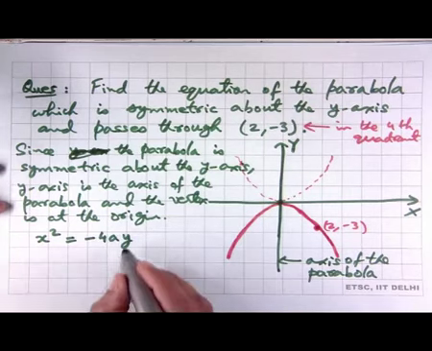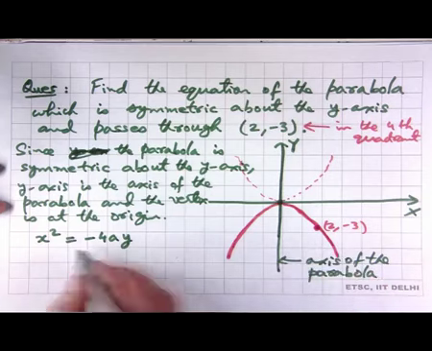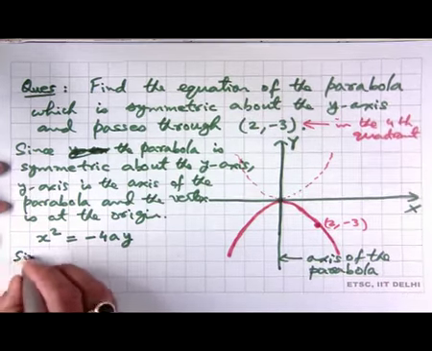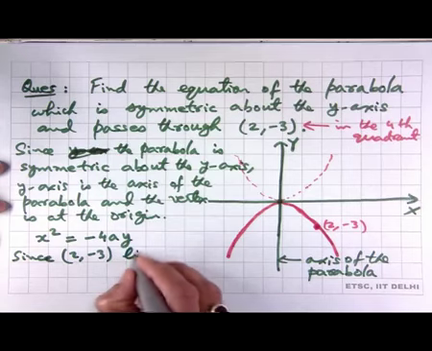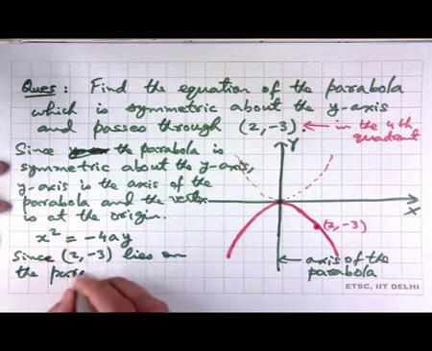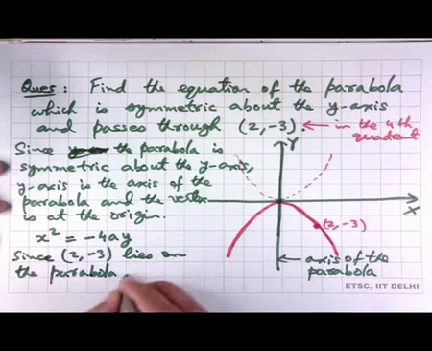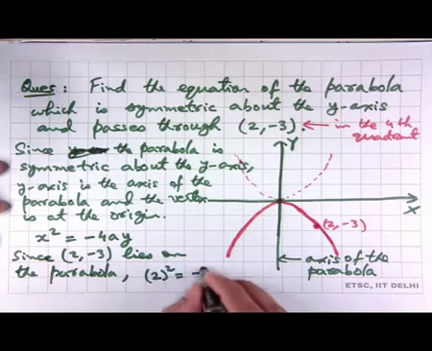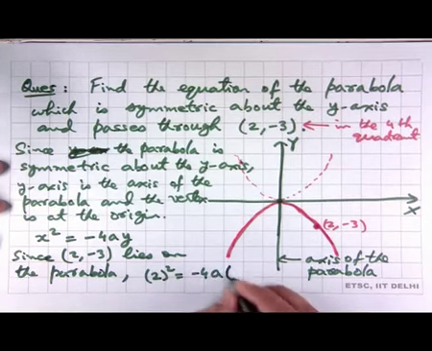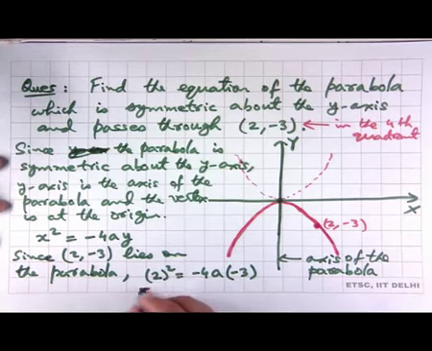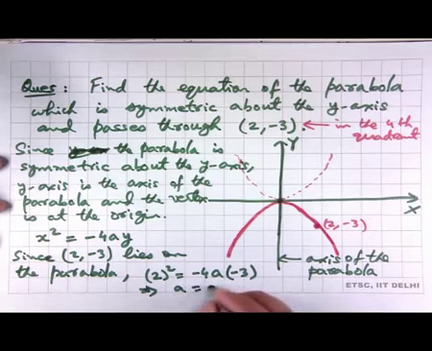So, the equation is x square equal to minus 4 a y, and since (2, -3) lies on the parabola, we have 2 square equal to minus 4 a times minus 3, and this gives a is equal to 1 by 3.